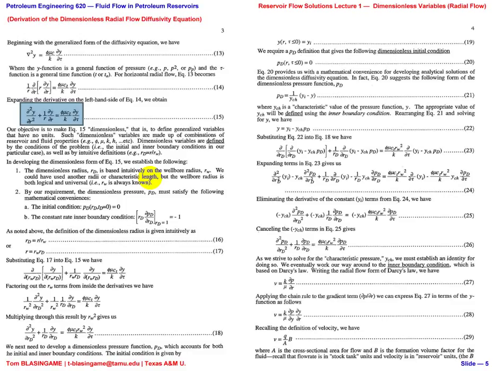Duh, that makes sense. How many SPE papers are there written on non-uniform initial pressure? Anybody? I think there's exactly one. Now, if you were going to solve this problem, not analytically, but numerically, that wouldn't be a problem.